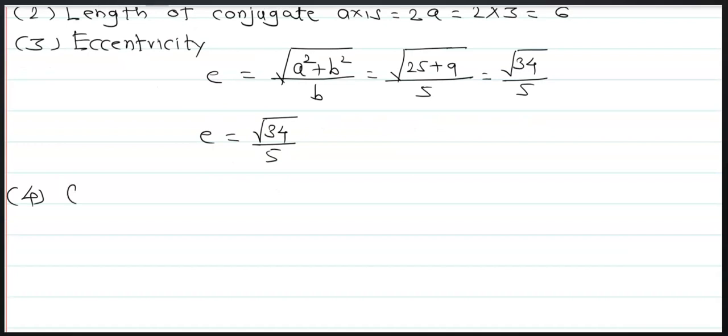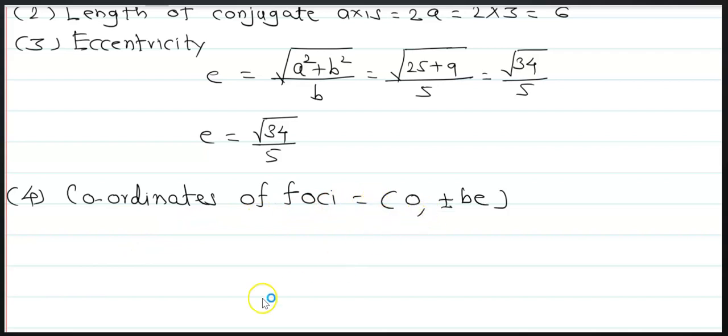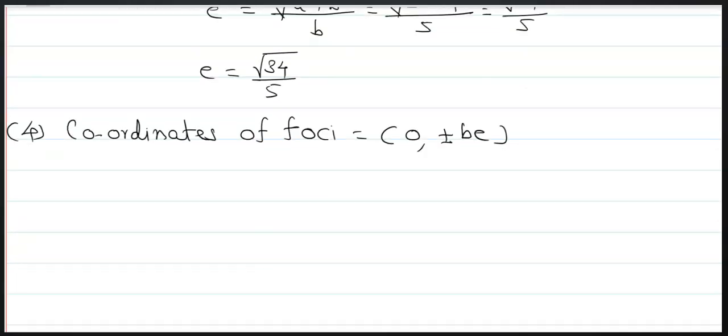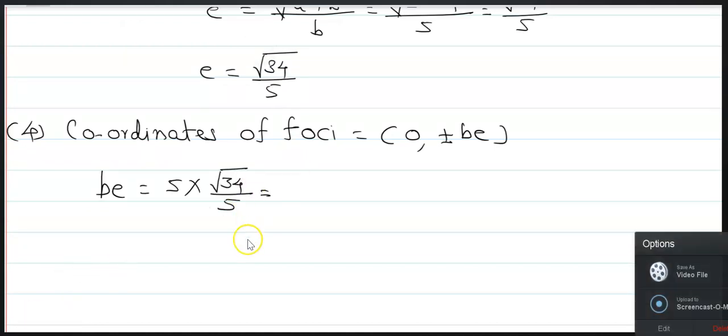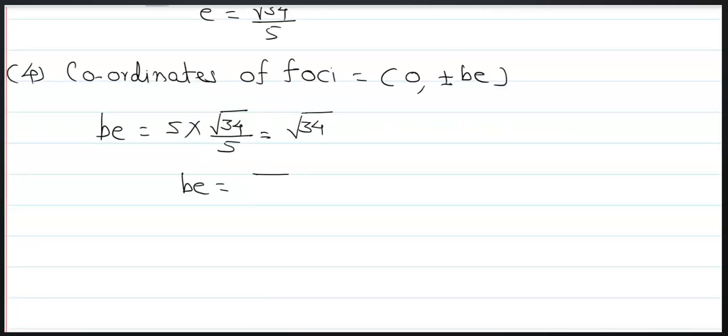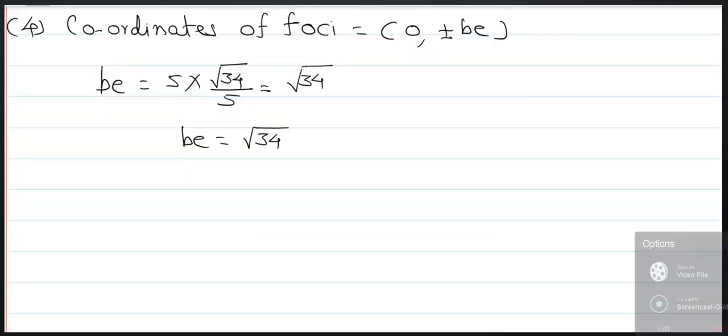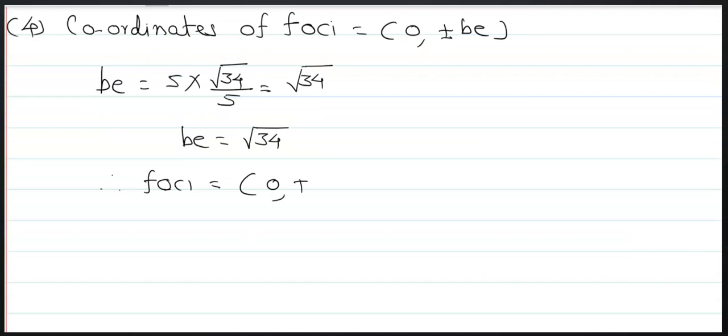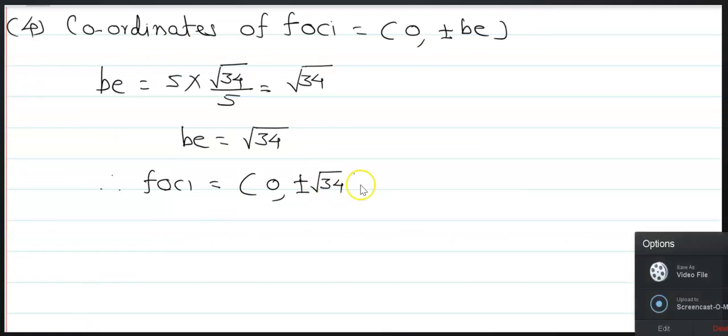Fourth one, coordinates of foci, that is 0, plus or minus be. be is equal to 5 into root of 34 upon 5, 5 get cancelled, then you will get root of 34. That is foci is equal to 0, plus or minus root of 34.